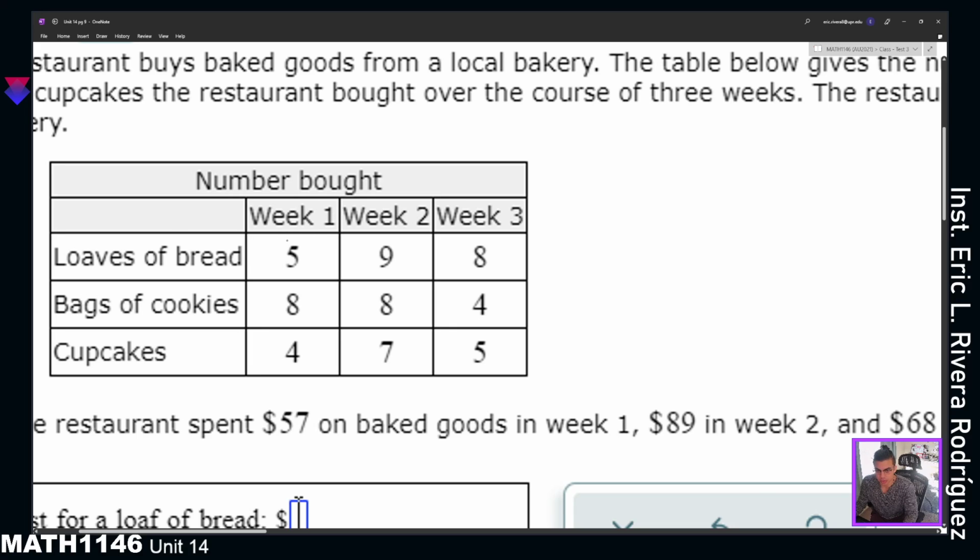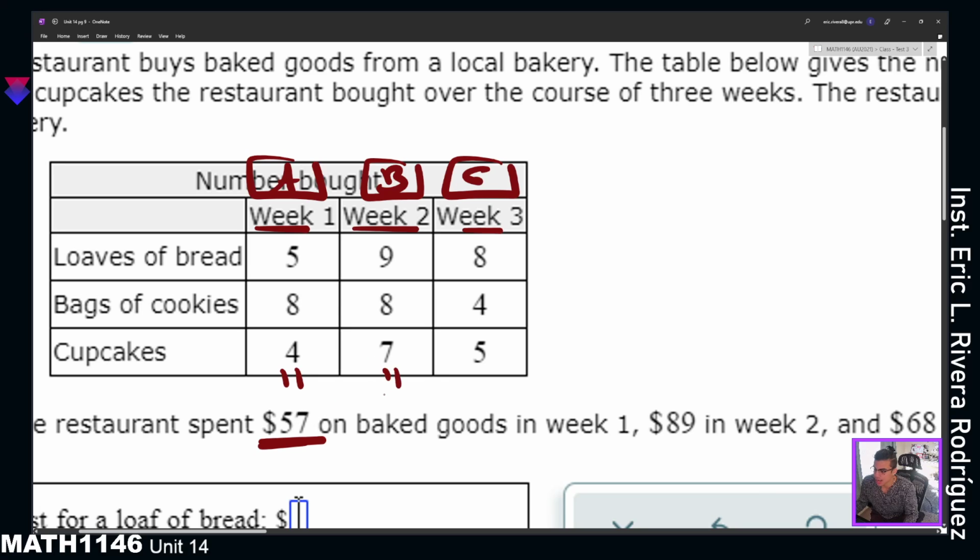Because we are getting the amount that the restaurant spent per week, each week is going to be an equation. The data from each week is going to form an equation. From week 1, the amount the restaurant spent was 57.